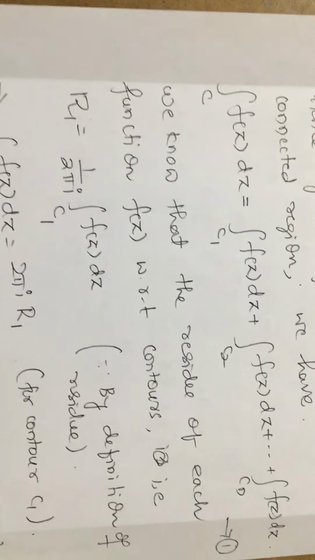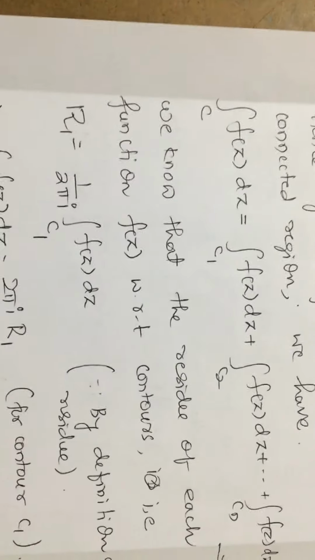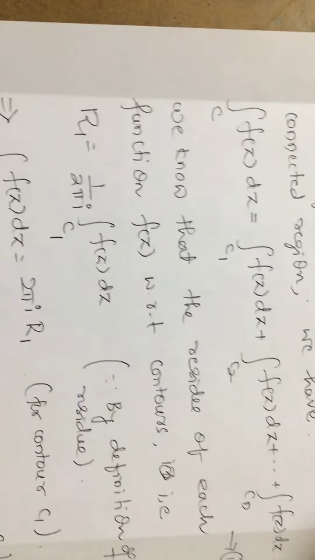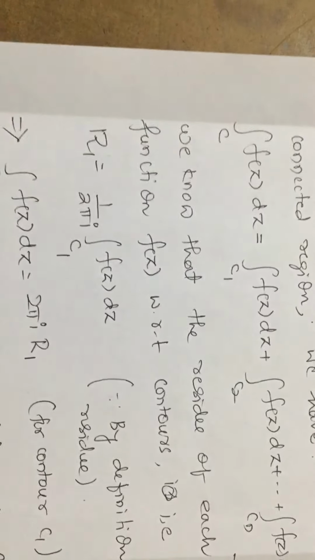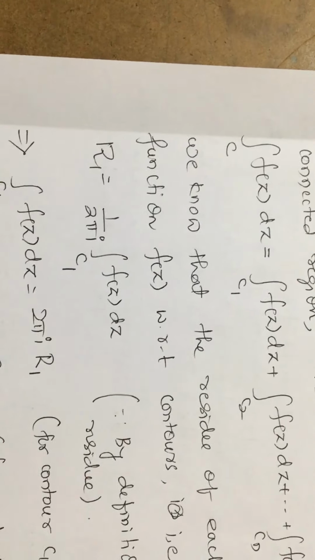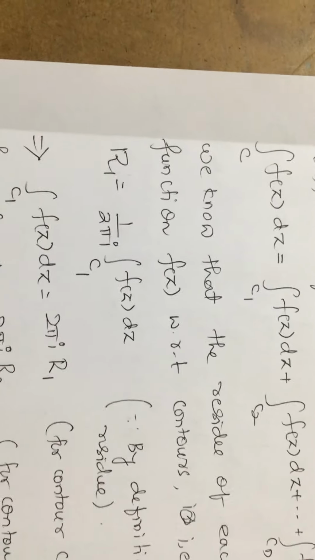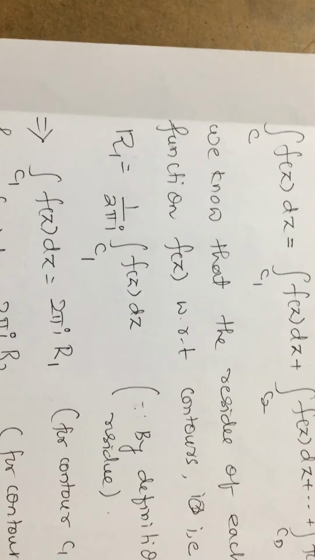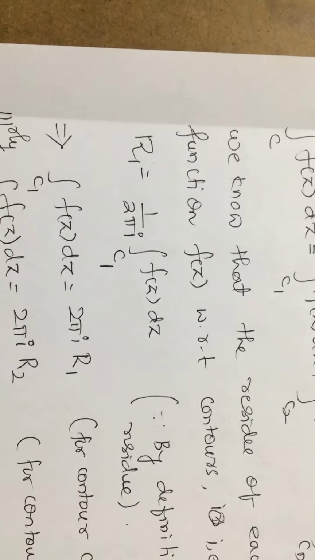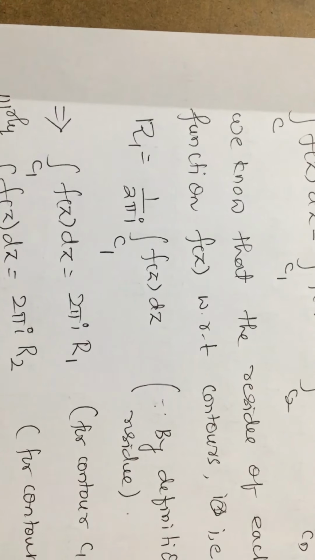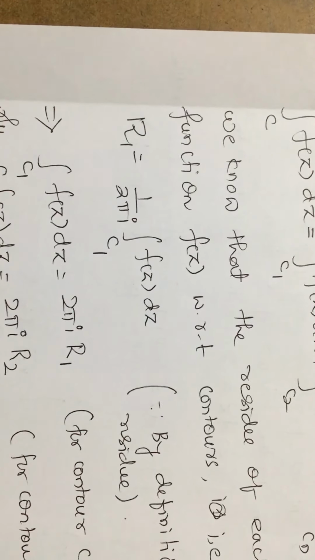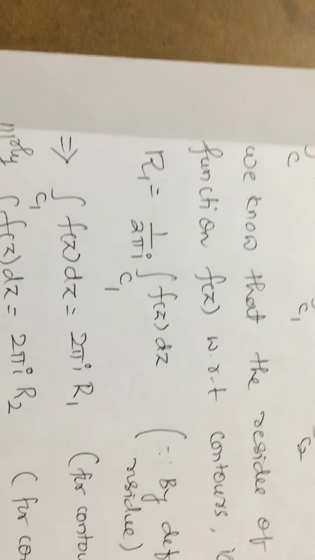We know the residue of the function at each contour is given by the definition of residue. Suppose I am considering C1 as the contour. I can find the first residue, for the first circle C1, which is r1.